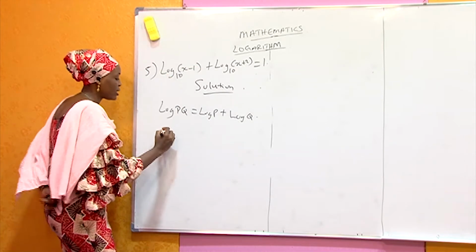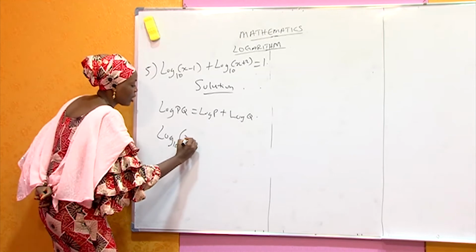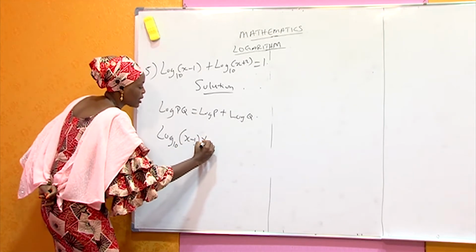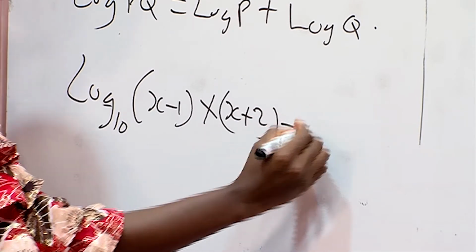So let's do that. We have log base 10 of (x minus 1) times (x plus 2) equals 1.